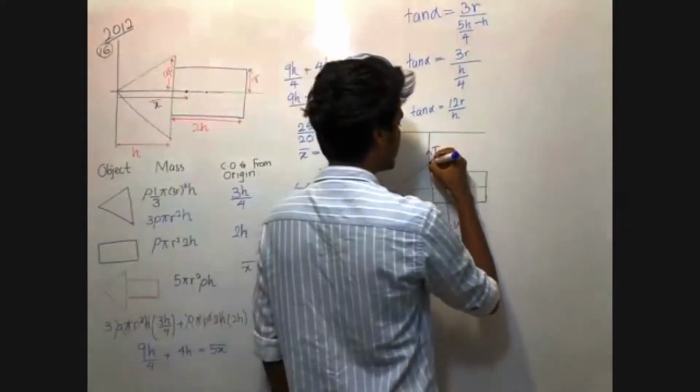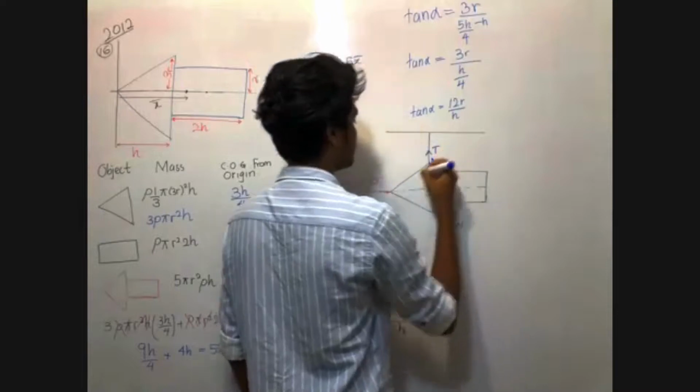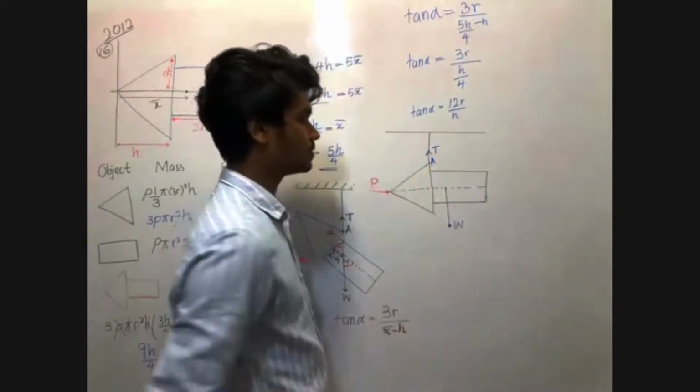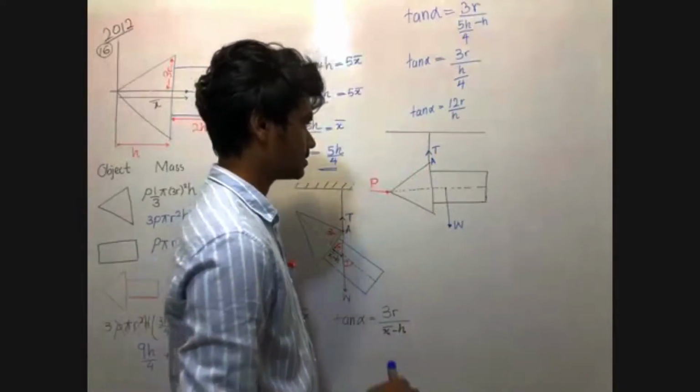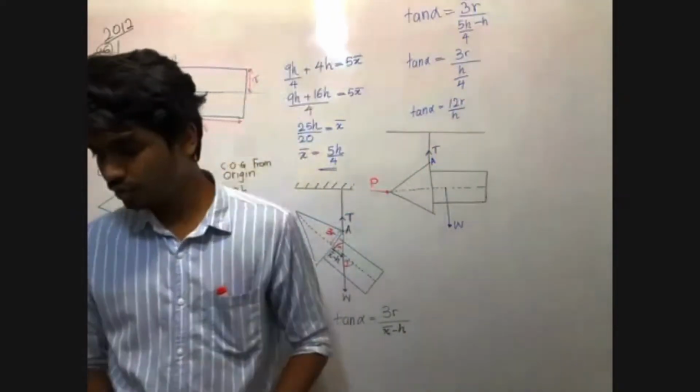So this is the point A. You need to find P in terms of W. How would you do that?